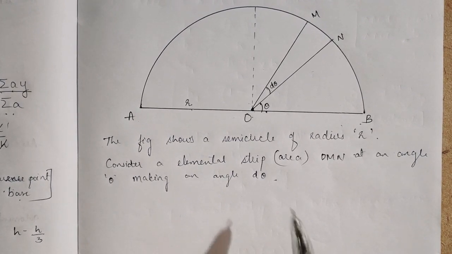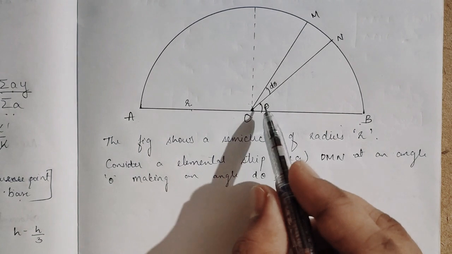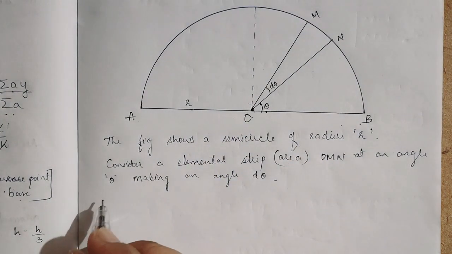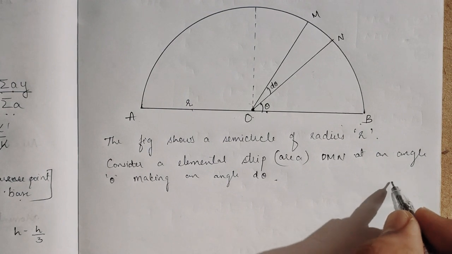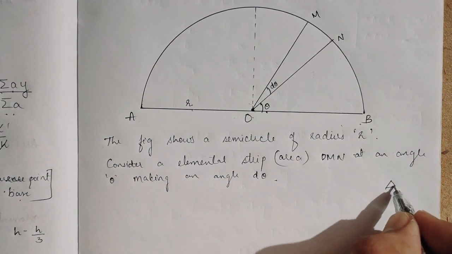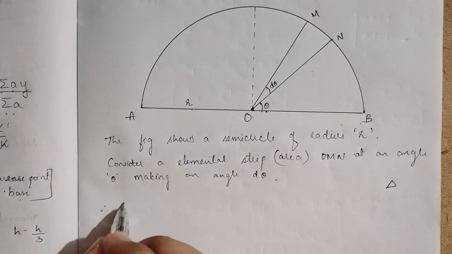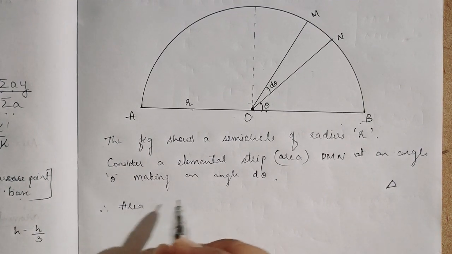Now we can see that this elemental area OMN feels like a triangle, right? So it is similar to a triangle. Therefore I'll take the area.